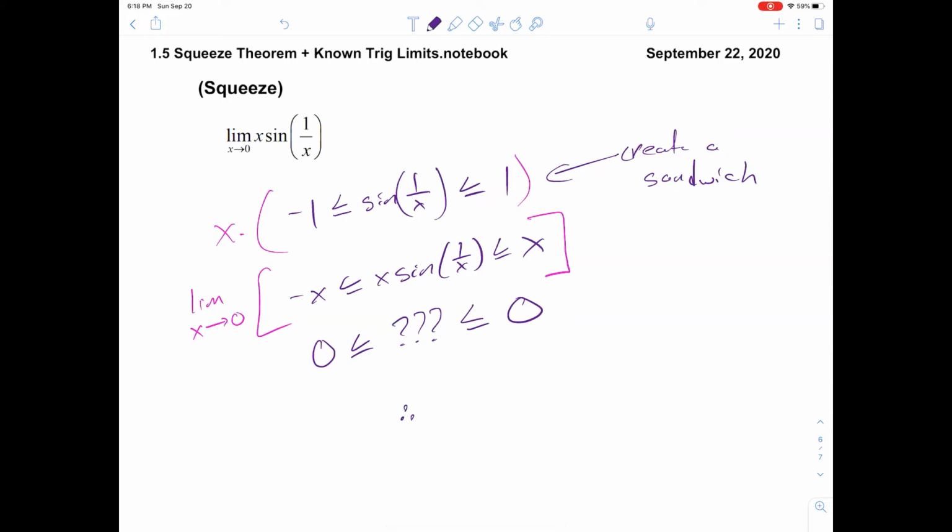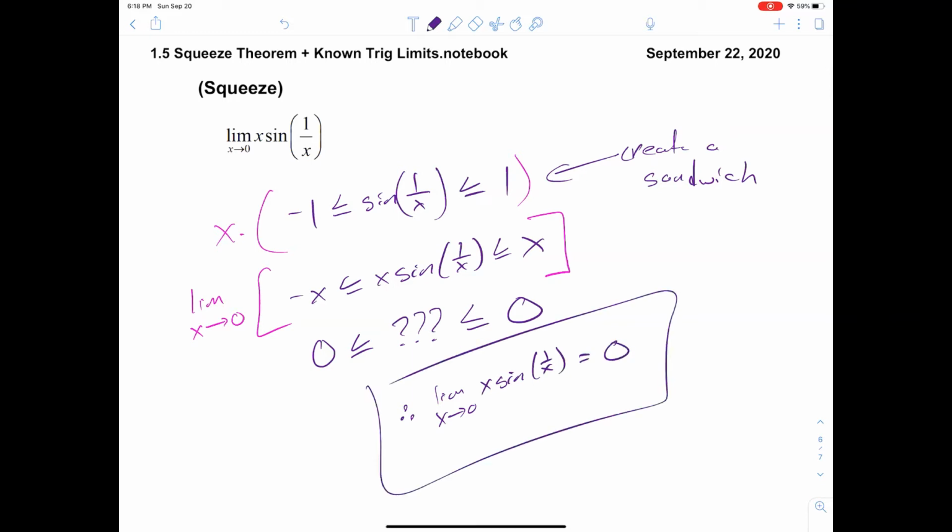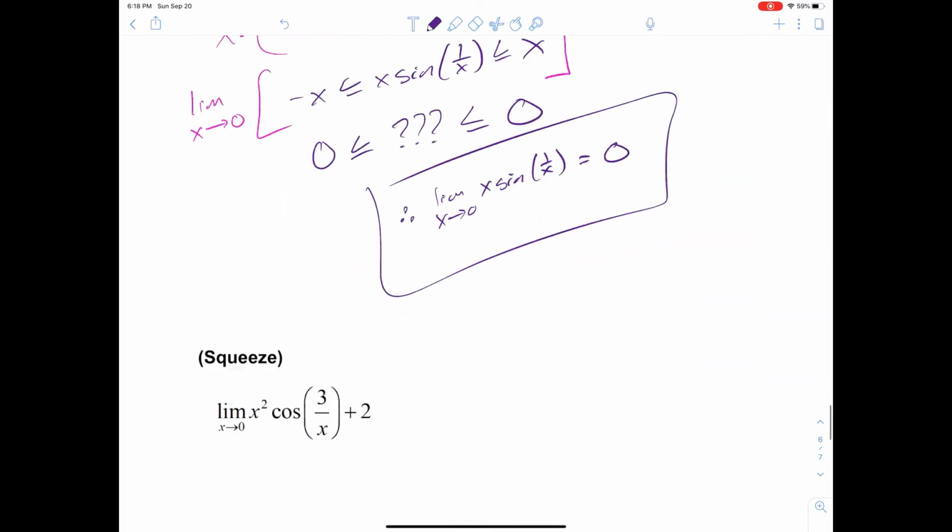Therefore, since the top end is 0 and the bottom end is 0, and the function is always trapped between them, the limit as x approaches 0 of x sine of 1 over x, and it doesn't matter what's inside there, will also equal 0 as our conclusion. Let's do one more.